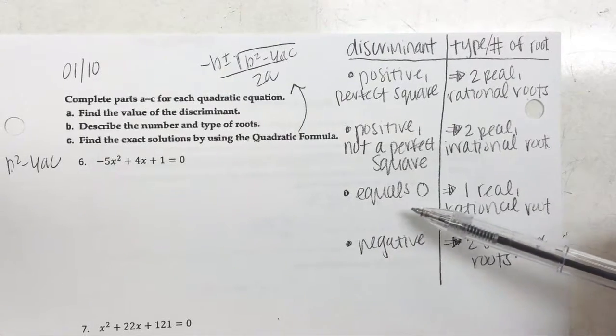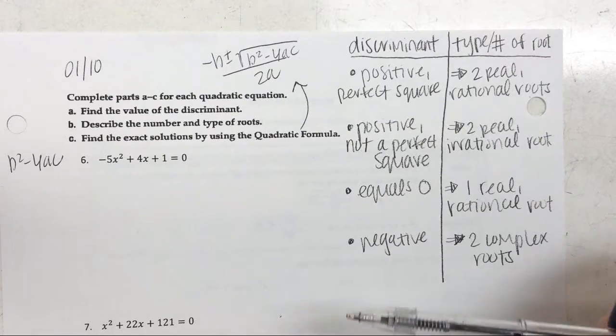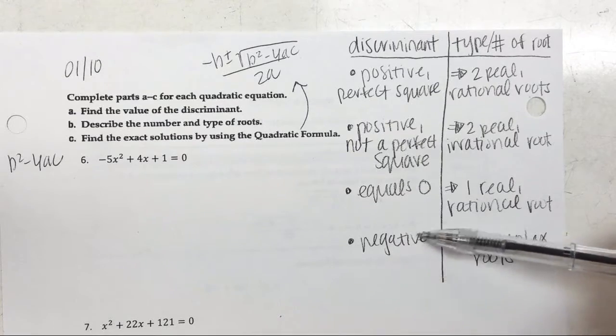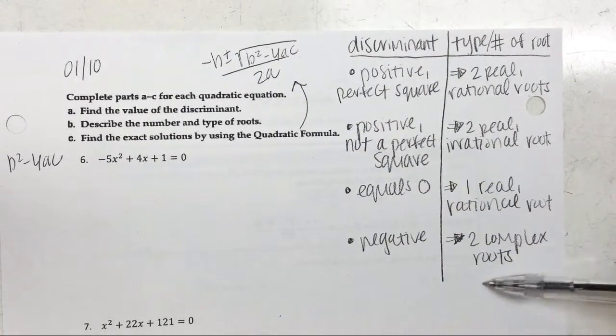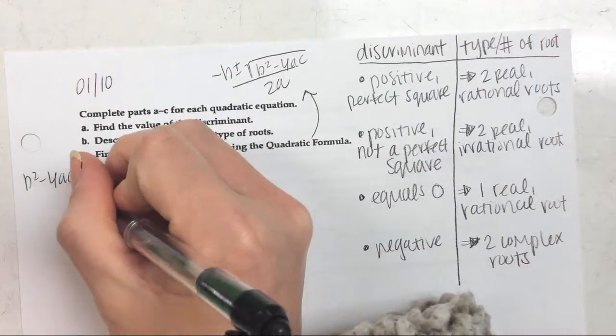If it equals 0, that means we'll only have one real rational root. And if the discriminant is negative, that means we'll have a negative underneath the square root in the formula, which will give us two complex roots, meaning that there'll be an i somewhere in our final answer. So let's start out with part A, finding the discriminant.